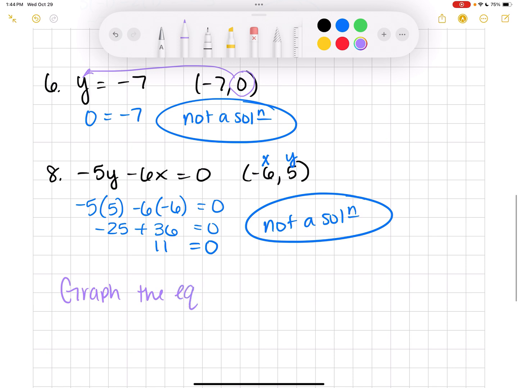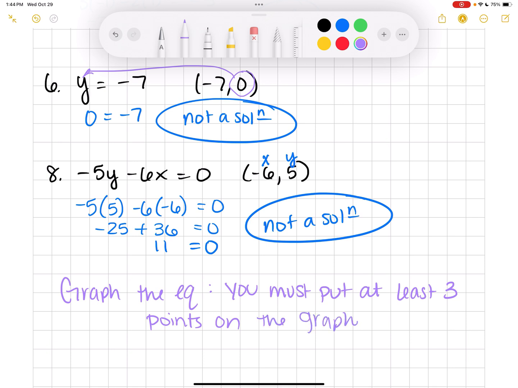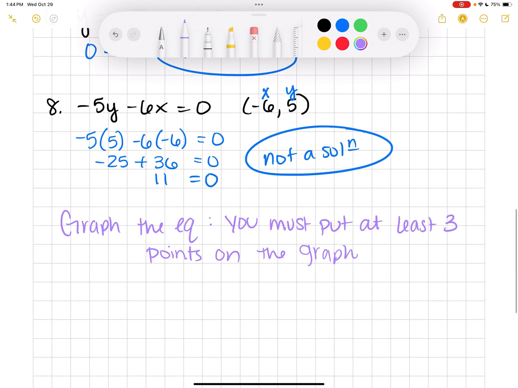All right, for graph the equation, you must put at least 3 points on the graph. That's going to be our general rule, unless it is a horizontal or vertical line.